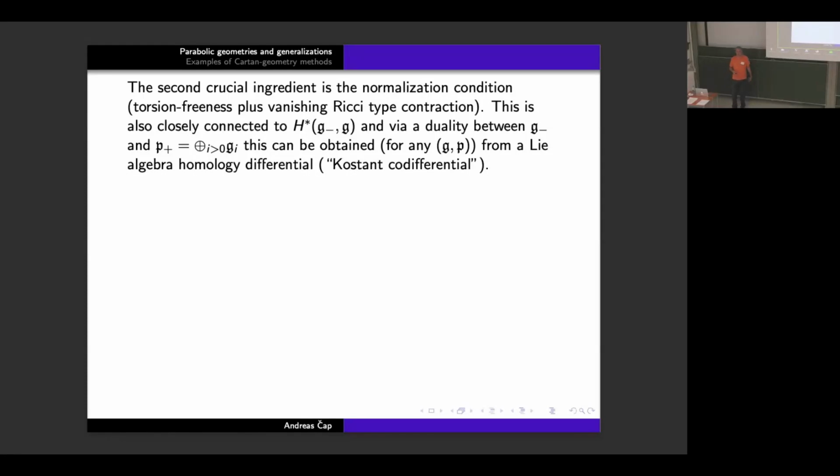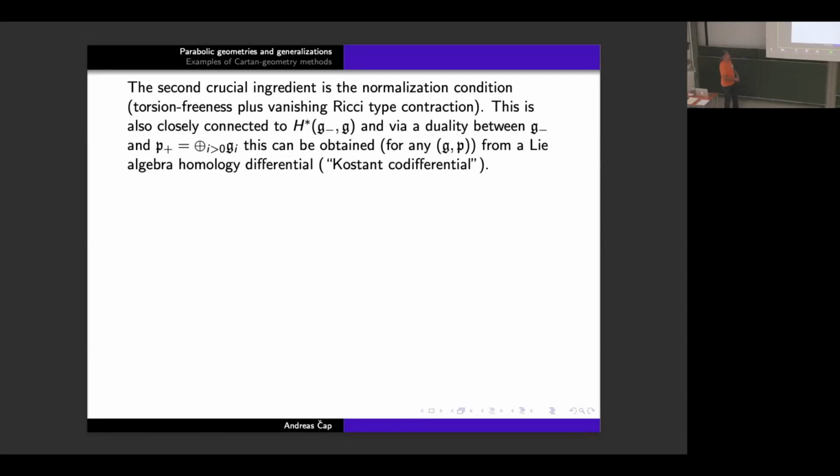It provides such a normalization condition. You just take being in the kernel of the Kostant codifferential as the normalization condition. Okay? And so the two important ingredients that are needed in the end for constructing the conformal Cartan connection are there in the general situation.